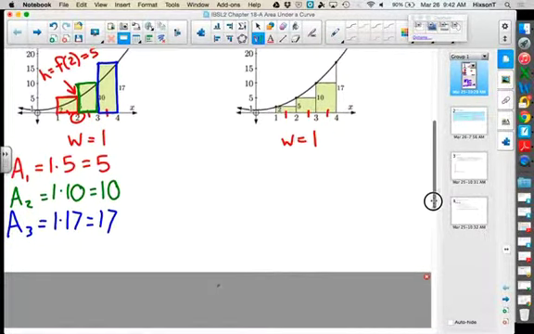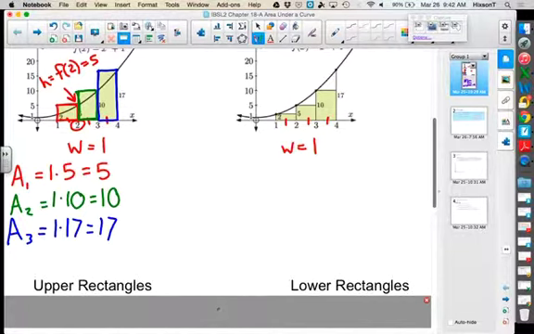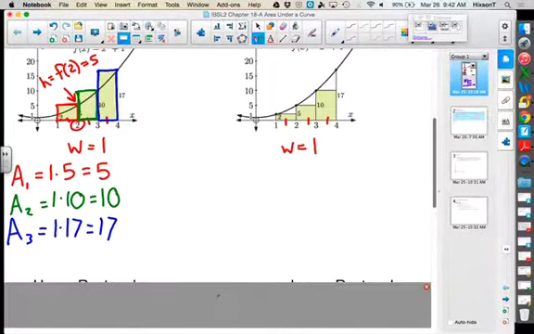So I would then approximate the area under this curve to be A is approximately 5 plus 10 plus 17, or 32 square units. Okay?